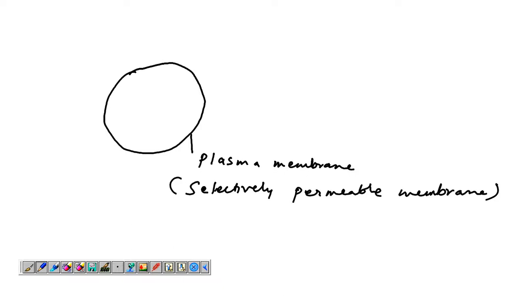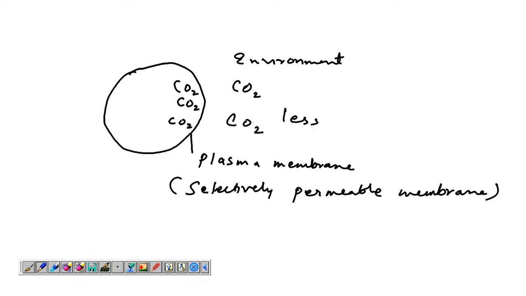After the metabolic activities in the cell, there is an accumulation of CO2 inside the cell. But outside the cell, in the near environment, the concentration of CO2 is less, and here the concentration of CO2 is higher.